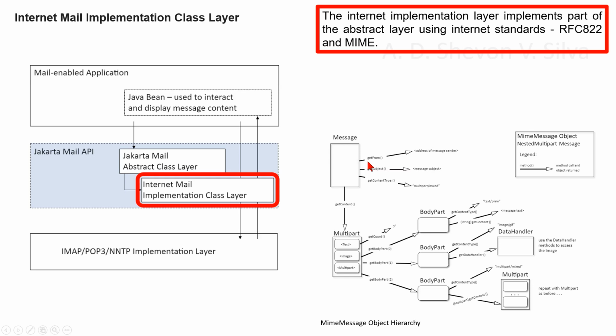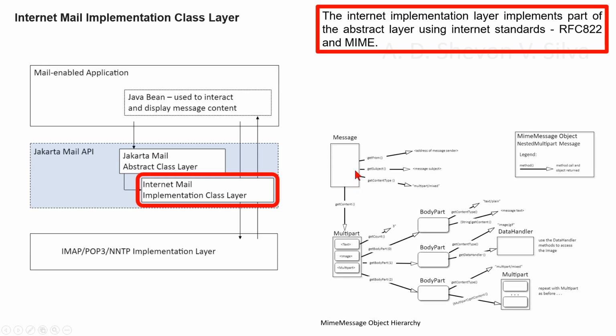The getFrom method returns the address of the message sender. The getSubject method returns the message subject. The getContentType method returns, for example, multipart/mixed.